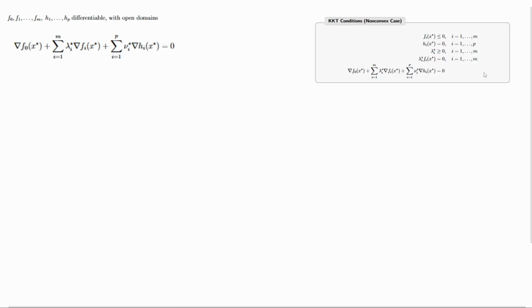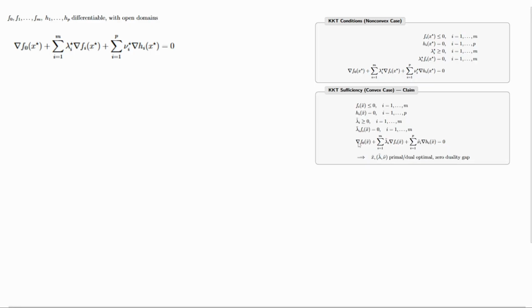In the non-convex case, it was only the forward direction: any primal dual pair which satisfies strong duality satisfies these conditions. But with convexity, we have both directions. Anything that satisfies these conditions is also optimal.